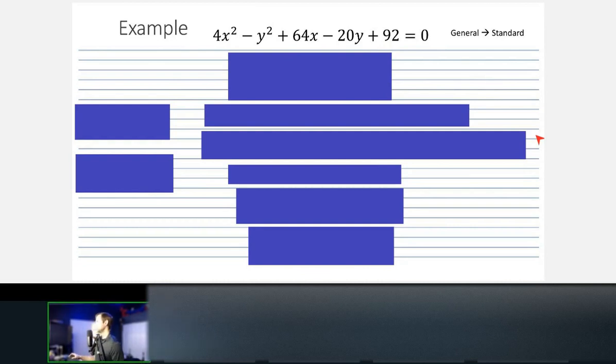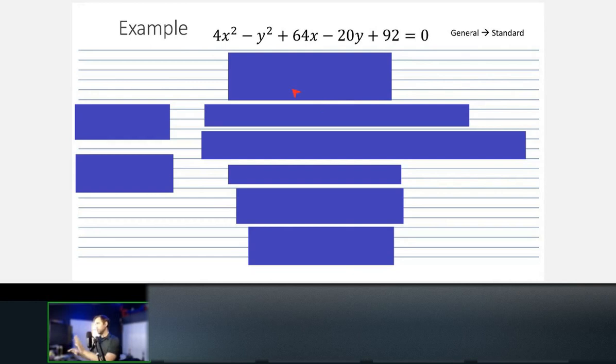Yeah, it's that negative y squared. You definitely don't need to convert it to standard to know. So all of you should be able to look at an equation in general form and know relatively quickly if it's a circle, an ellipse, hyperbola, or a parabola, which we haven't started yet. We're doing parabola starting tomorrow.